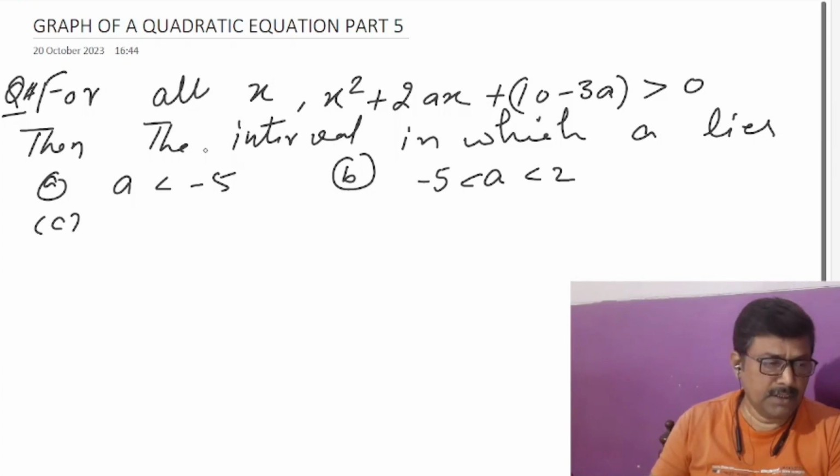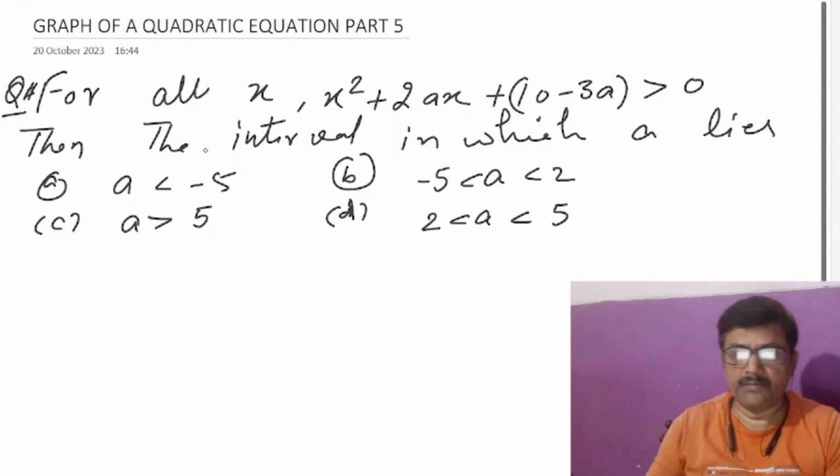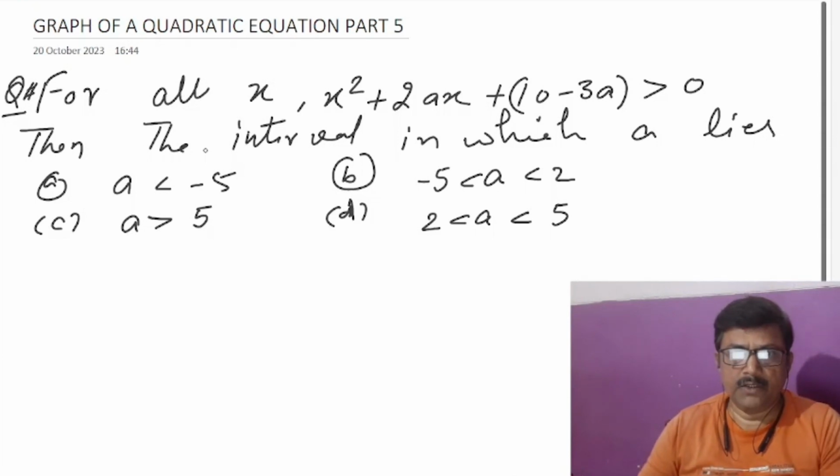Our third option is a greater than 5, and our fourth option is a greater than 2 and less than 5. Okay, so this is our question. This quadratic is given always positive, so he is saying find the value of a. So let us start the solution.